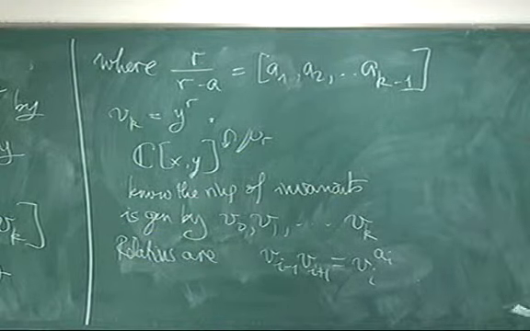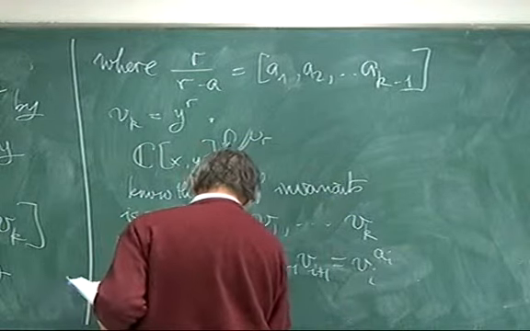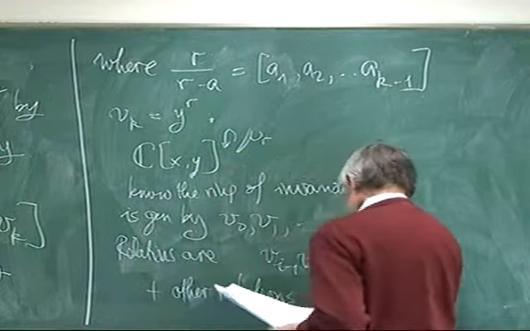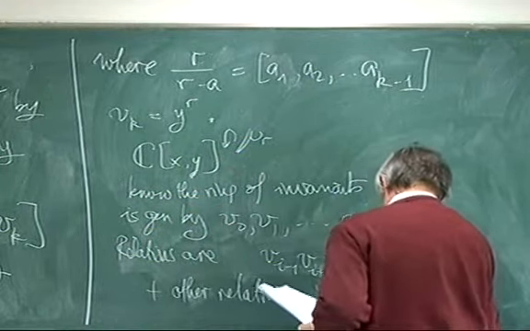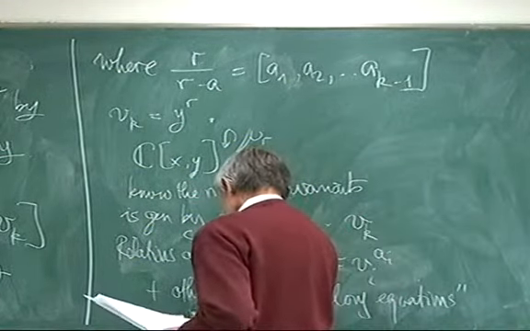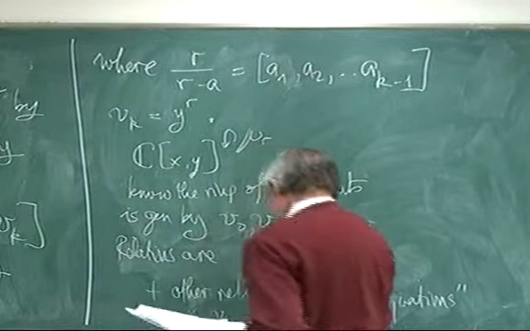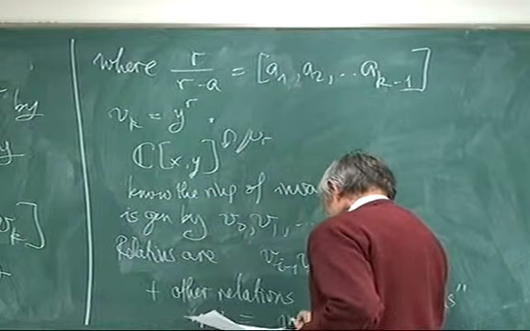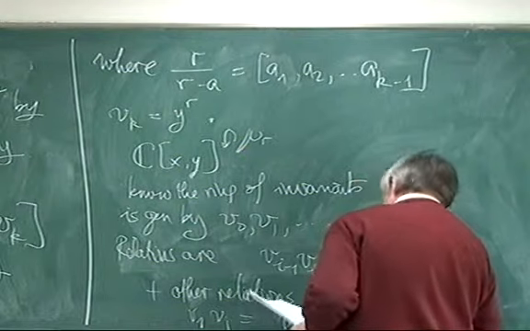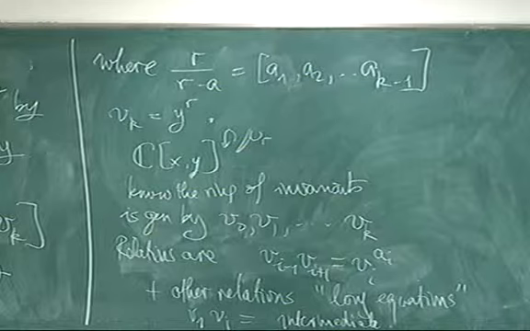There are other relations, and these are called long equations, Vi Vj equals something intermediate.